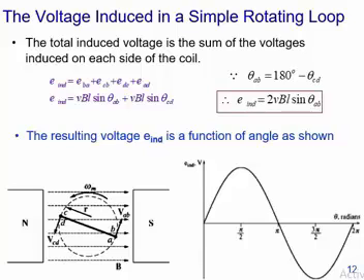So you can see in this sinusoidal diagram, if you want to find the maximum induced voltage, you have to put sine theta equal to 1. If we substitute this, the maximum induced voltage would be equal to 2 VBL.